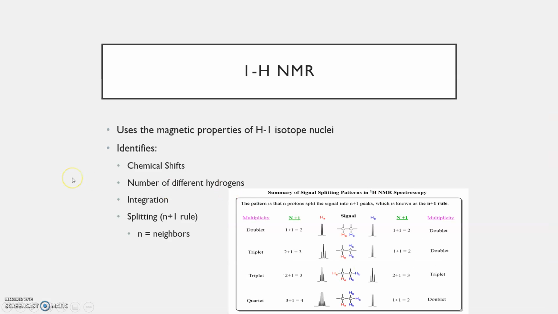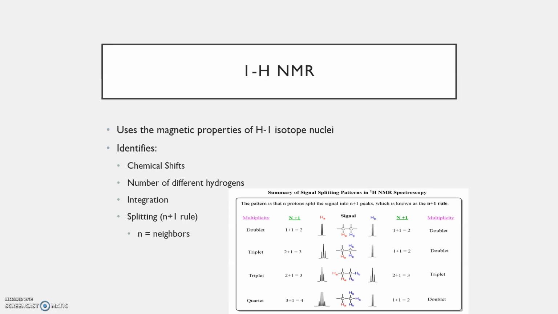To find out more, we use the 1H NMR, which uses magnetic properties of the H1 isotope nuclei. Just like the 13C NMR, we can identify chemical shifts and the number of unique hydrogens, but unlike the 13C NMR, we have integration and multiplicity or splitting.